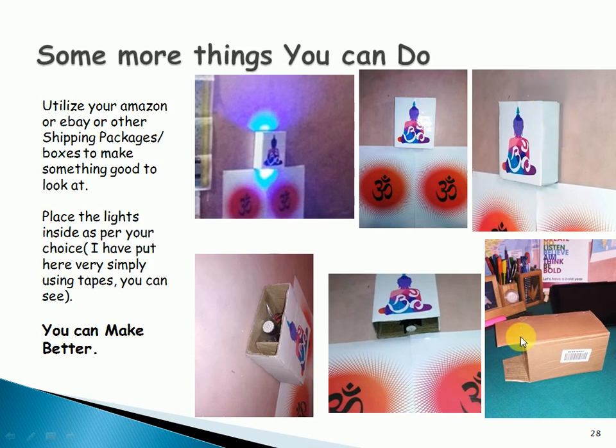You can use any of these boxes in your homes so that you can make such beautiful things. The image here I have printed and stuck with some glue, and it is looking not that bad. So I hope you can make some better things.